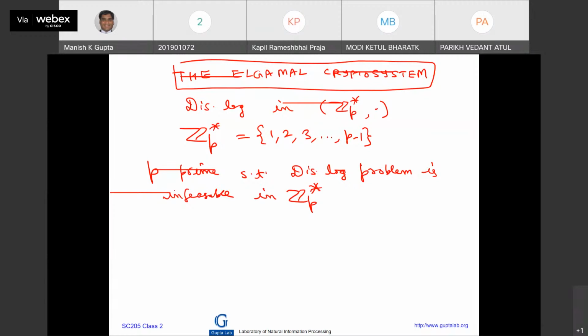We have to take p to be such a large prime that the discrete log problem is difficult to solve. As you know from the previous algorithm that I showed you in the last class, if p is small, you can actually find the value of the discrete log. So you need to take p large enough so that for large primes it is difficult. Even if you write a computer program, it is going to take a lot more time. So it's a difficult problem.